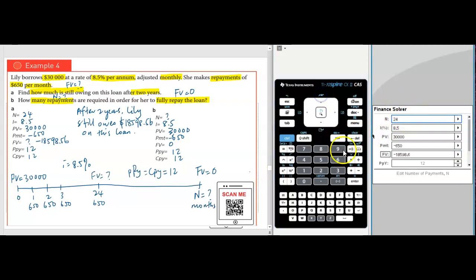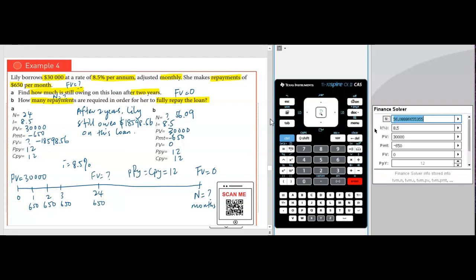So now here, unknown, 8.5, future value here, delete it, right? Then paid off, 0. So I go to N, the unknown, enter. So you end up with 56.09. So it takes 56 or 57 months to fully repay the loan. Is it 56?